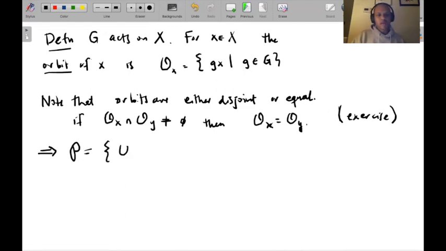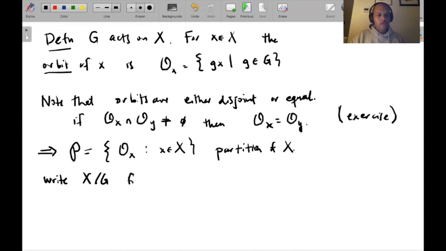So P, consisting of the subsets which are the orbits, ranging over points in X, is a partition of X. We'll write X mod G for this partition with the quotient topology.